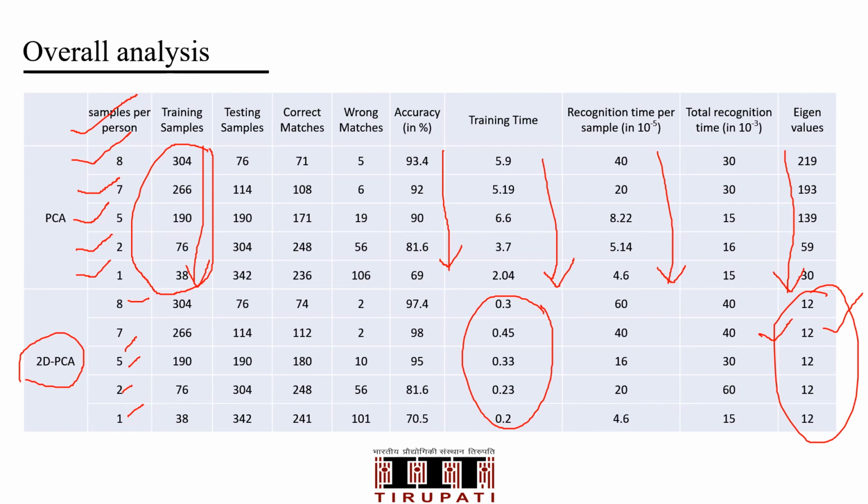But in case of 1D PCA, if we are taking 8 samples to train the model, then it converts all the image features into vectors. So if we want to represent the information of all the images, then the number of eigenvectors which we have to consider will be more.